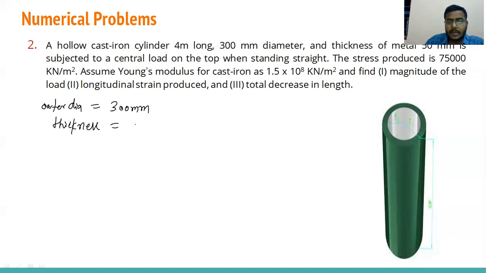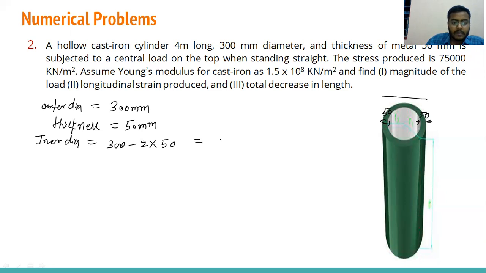Thickness of material is given, that is 50 mm on each side. Total is 300, so we can calculate the inner diameter: 300 minus 2 into 50 means 200 mm.